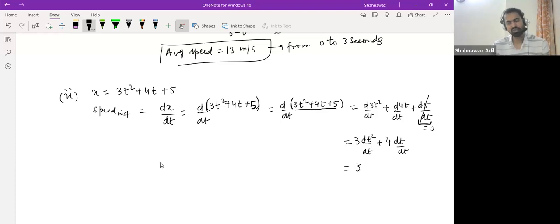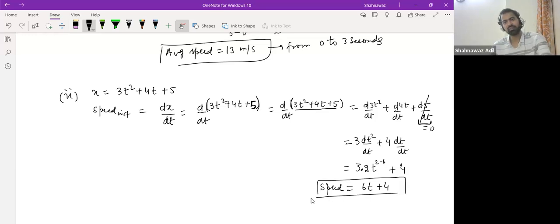What is the power here, Amna? 2, right? So the power is taken down, and then 1 is subtracted from the power. This is the differentiation that we learn. And plus 4 times 1, so 4. So this is 6t plus 4. This is the instantaneous speed.